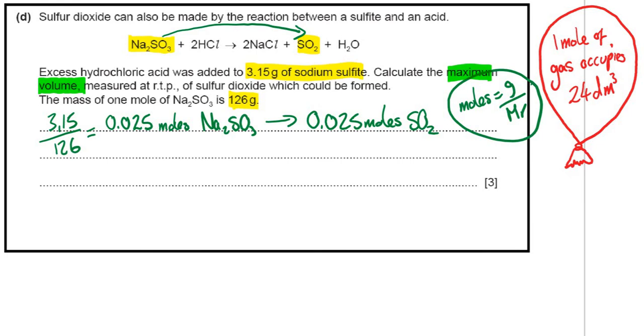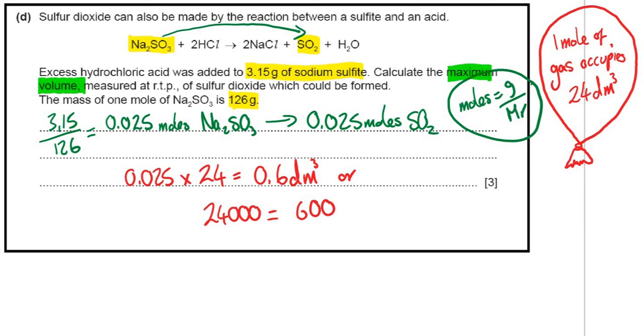So all we've got to do is 0.025 times 24, and we'll keep it in dm cubed. Therefore, we have 0.6 dm cubed. Or we could do 24,000 and we would have 600 centimetres cubed. Depends which way you'd rather work. Either one is correct. So we've got our 3 marks here.